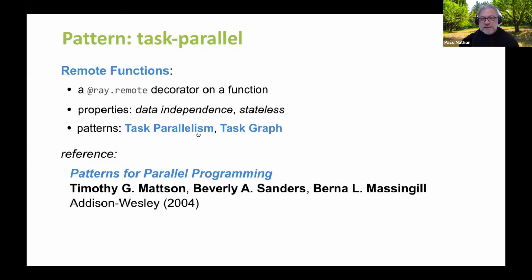There's also something related called task graph. Say you can take a workflow or an application and break it down into different units of processing, where each stage has its own properties of data independence and statelessness for the different chunks. But then you can build the whole thing back up into a directed acyclic graph. That's sometimes called a task graph. That's the kind of thing you're going to see in Spark applications again.